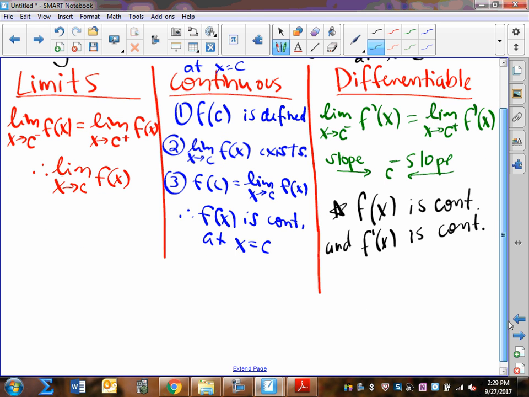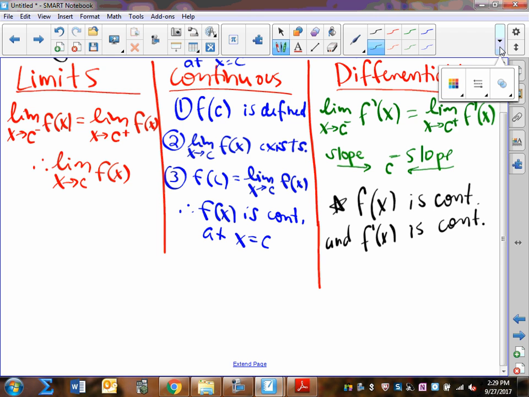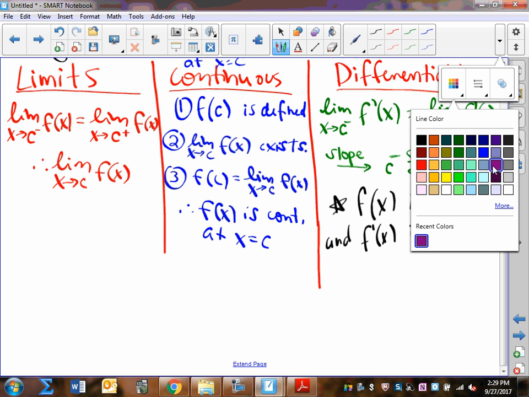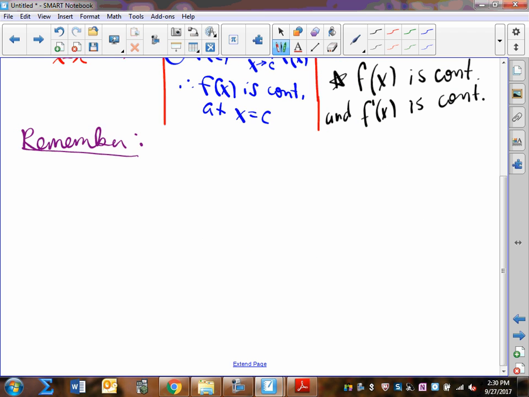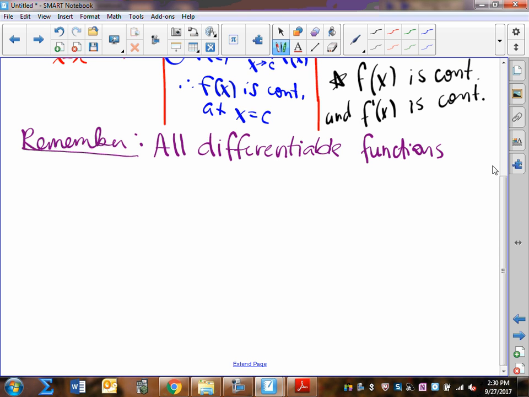Now, the other big thing we talked about, the huge takeaway. Alright, so remember, all differentiable functions are continuous.